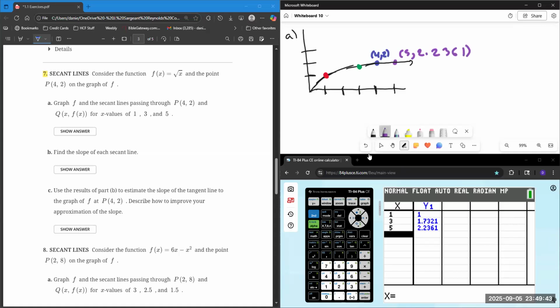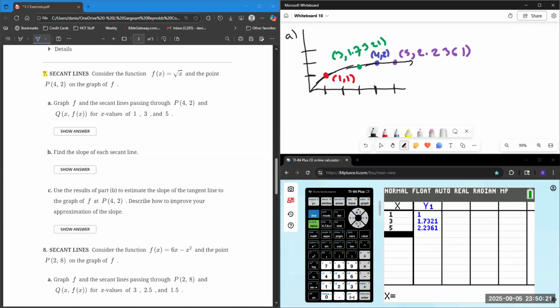Then we have, let's see, there, green is 3, 1.7, and 1, 1 exactly in red. So now I want to find the slopes using those approximations that we have.